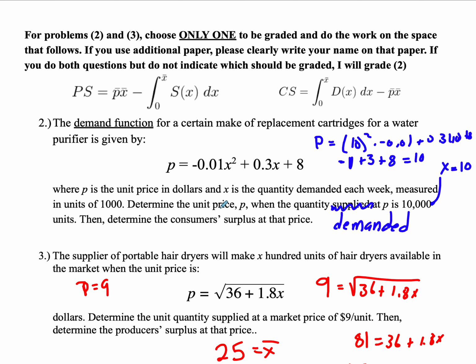In part 2, I gave you X bar, and you had to find P bar. In part 3, I gave you P bar, and you had to find X bar. So you had the function and enough information to calculate both pieces of information. And once you know P bar, X bar, and the function, and again, those all have to be there, you plug them in, you do the integration, and you're good to go.